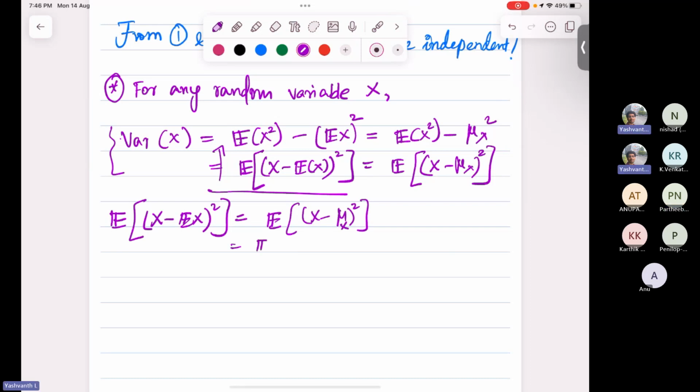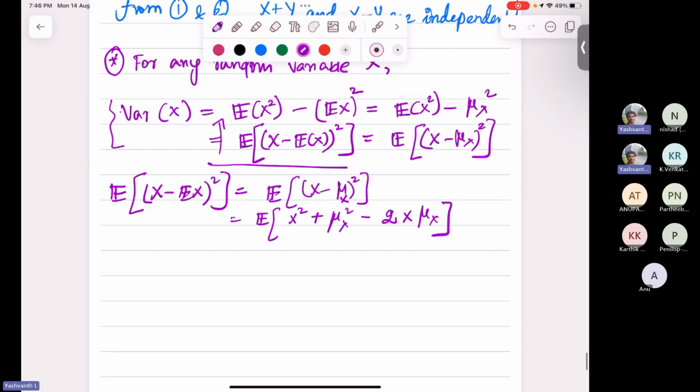This is the same as expectation of x square plus mu x square minus 2 into x mu x. Correct? Now take linearity: this is the same as expectation of x square plus expectation of mu x square minus 2 into expectation of x into mu x.